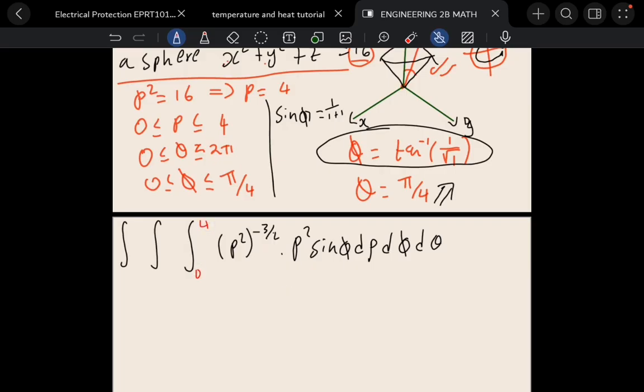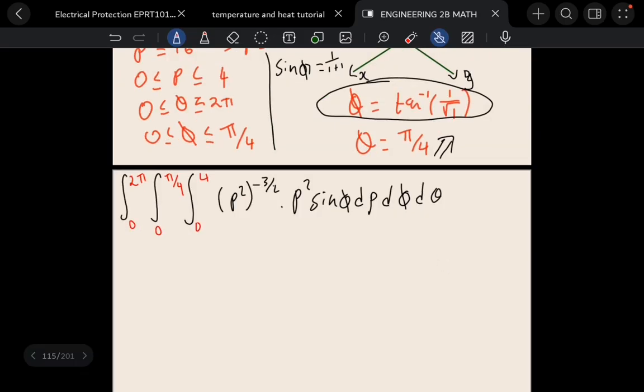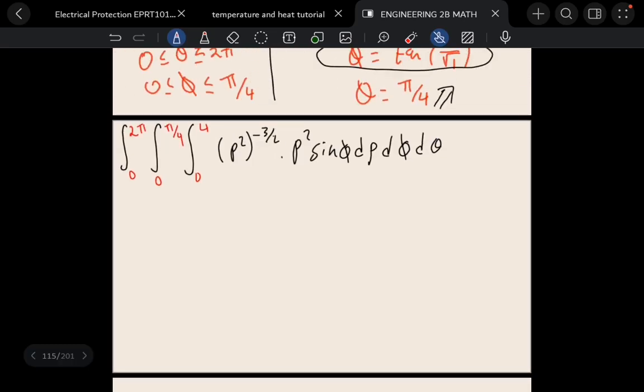Your phi starts from 0 to pi over 4. Please confirm the pi over 4 for me. I'm not trusting the calculator. And then your theta is from 0 to 2 pi. So now you can use your maths and evaluate.